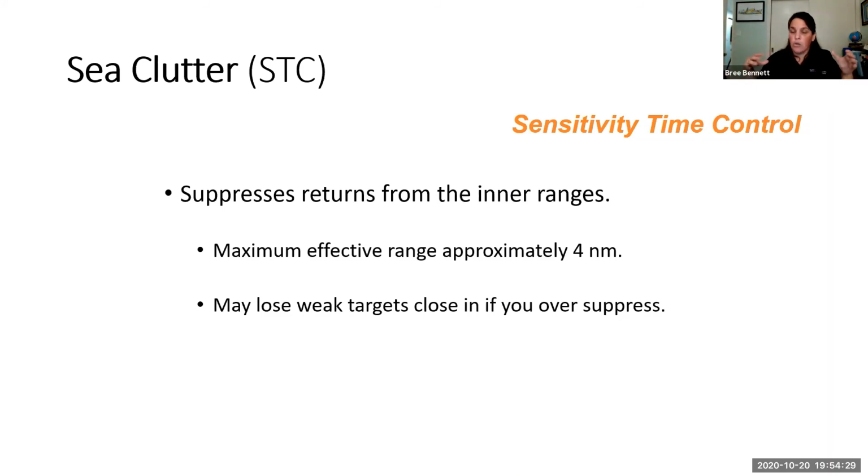The sea clutter has an effect on your minimum range. Right around you is where you're typically getting most of your sea clutter. And that's where your STC filter will be most effective. So this is those choppy waves that are coming up and giving you lots of little blips around you.